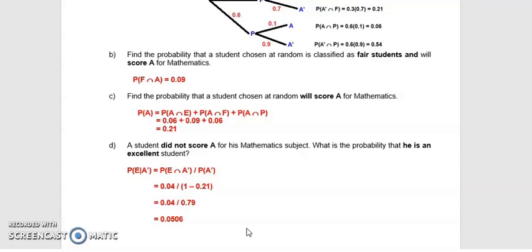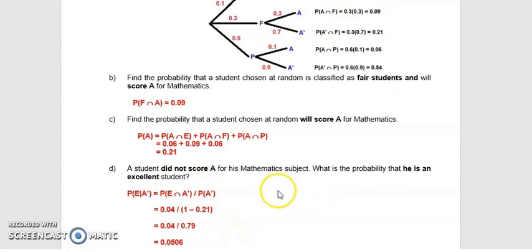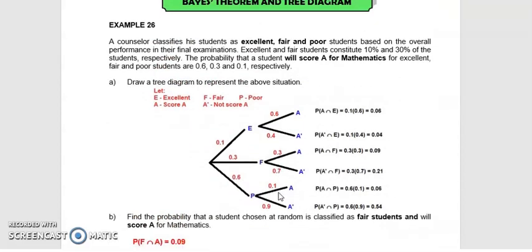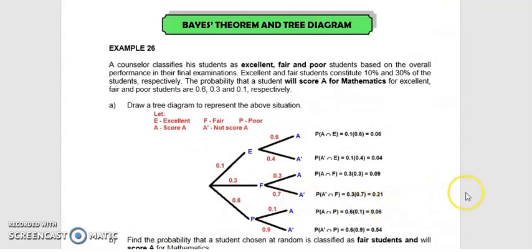For example, maybe you will get 0.9 or 0.8, which means that the probability is high for an excellent student to score A. Okay, so that's how we draw a tree diagram by applying the Bayes theorem. After this, we will look at another example, example 27.